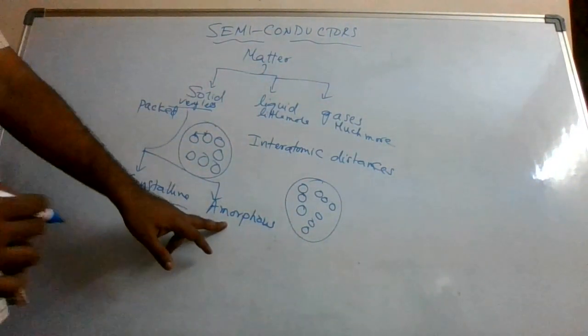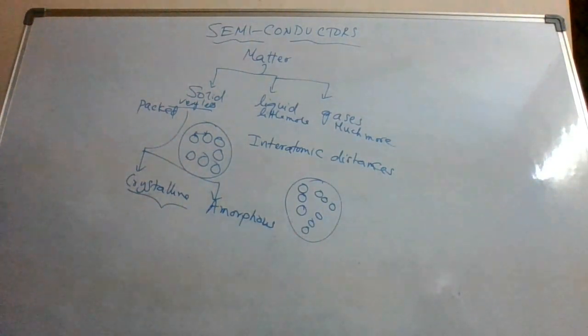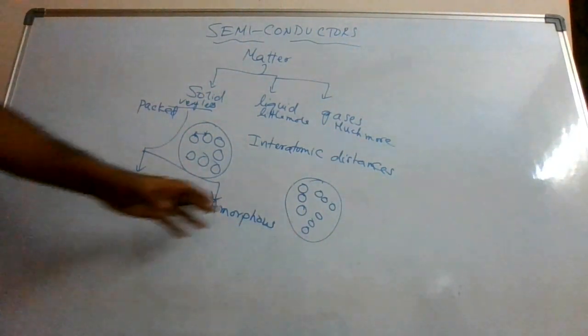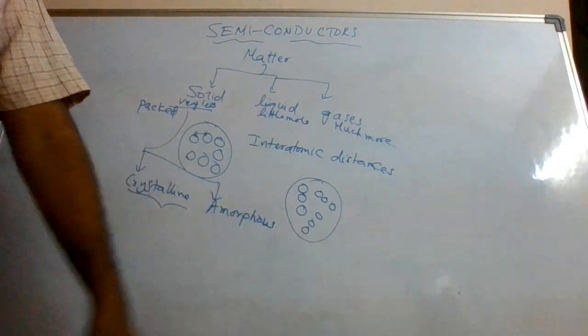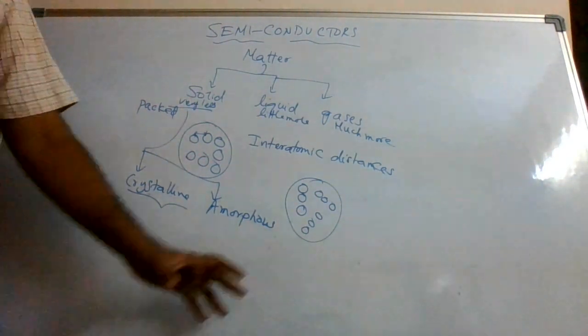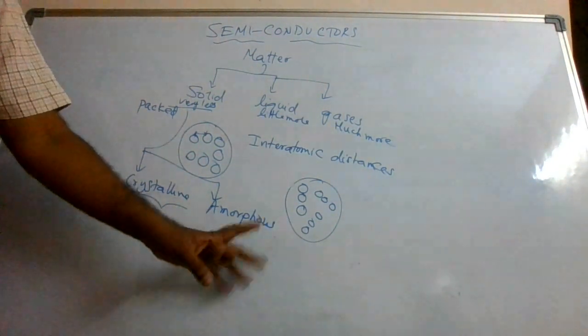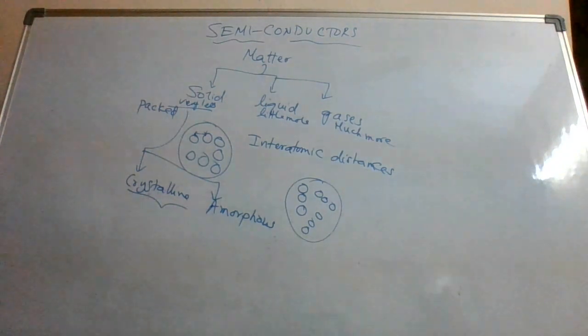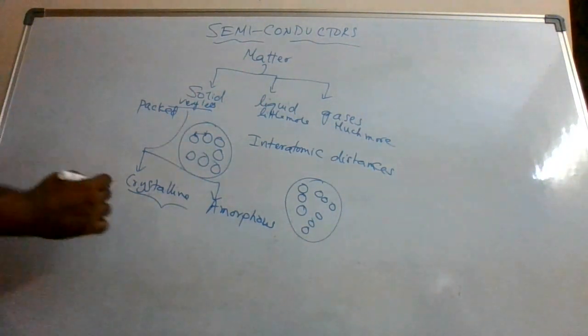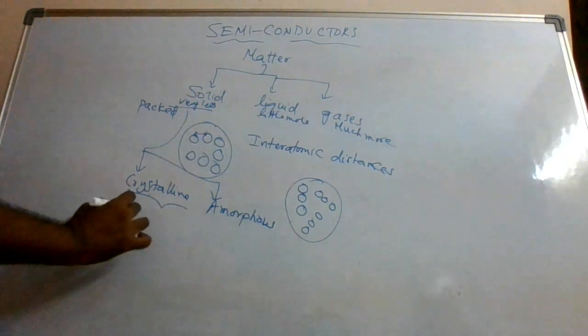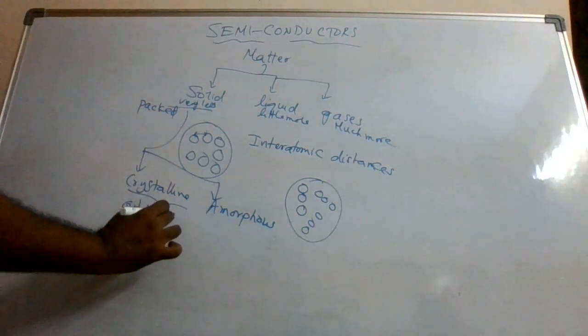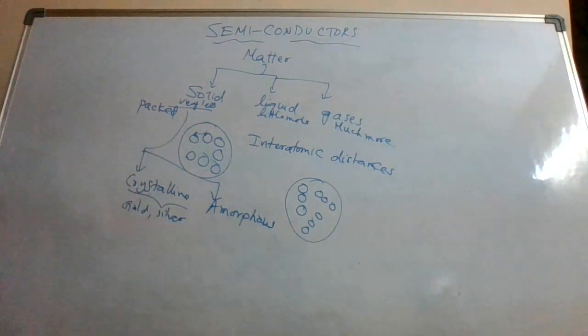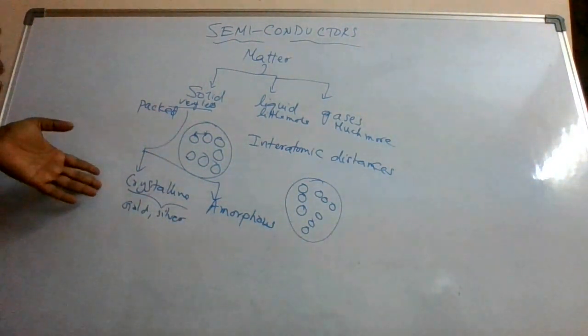In amorphous there is no such definite pattern. Crystalline will have particular geometrical shapes. You can expect a pattern over here, but in amorphous you cannot expect that. Gold, silver and so on come under crystalline.